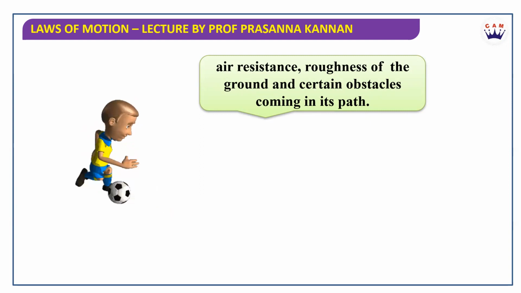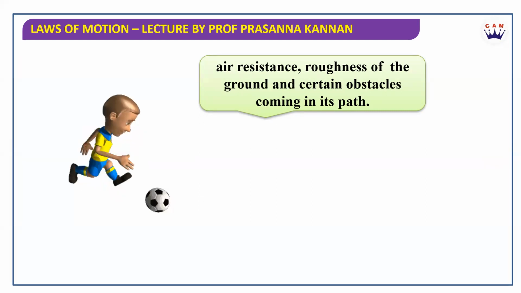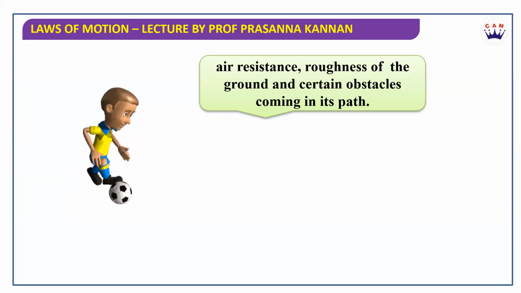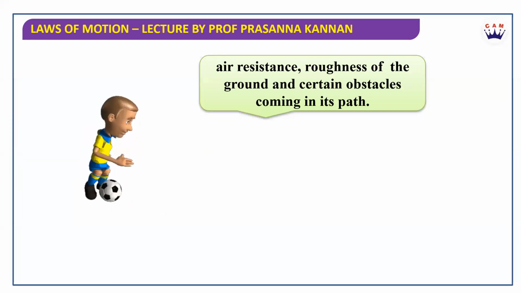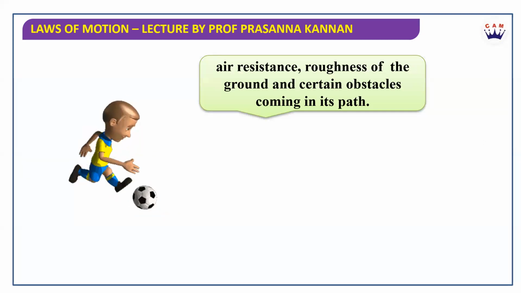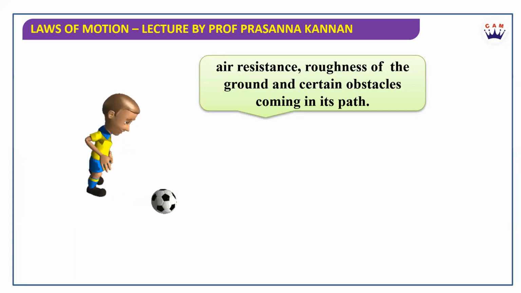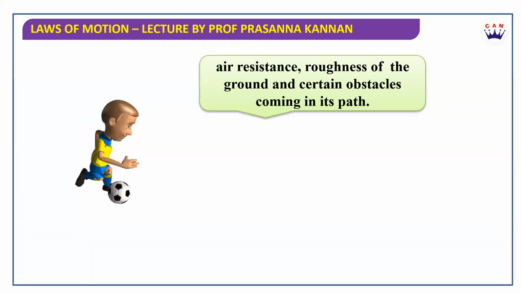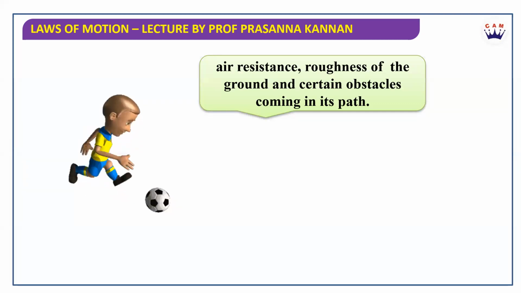You have, let's say, an iron ball and you have a feather, a bird's feather. Would you believe this? If I keep them at the same height, drop an iron ball and a feather, which will reach the ground first? Iron ball, right? That's your experience, correct? Anything else I say, you wouldn't believe, correct?